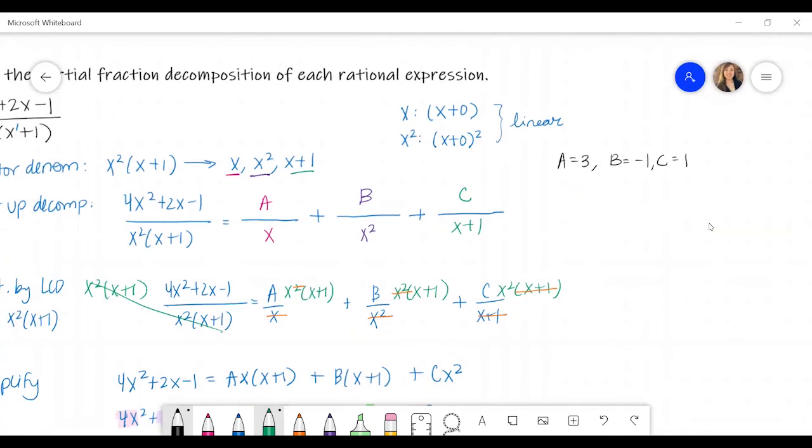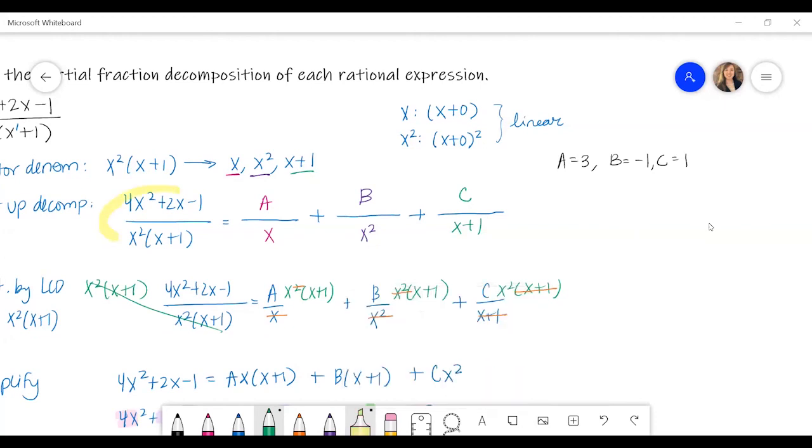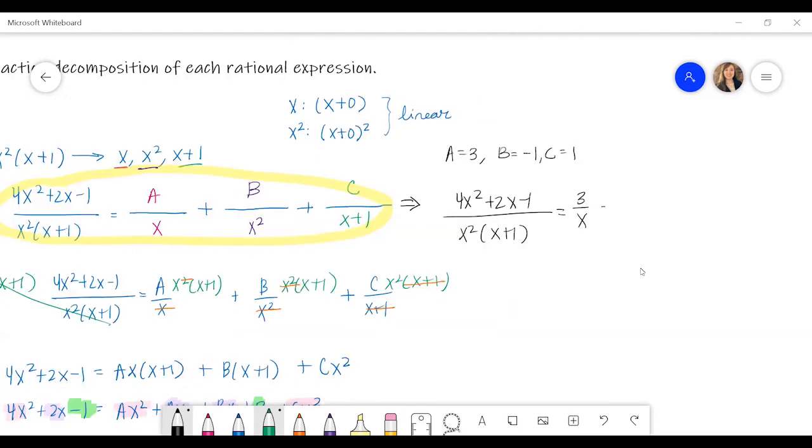Okay, so now we want to group these together and plug them in. So here we are. If we plug this in, we've got 4x squared plus 2x minus 1 divided by x squared times x plus 1 is equal to 3 over x plus -1 over x squared.